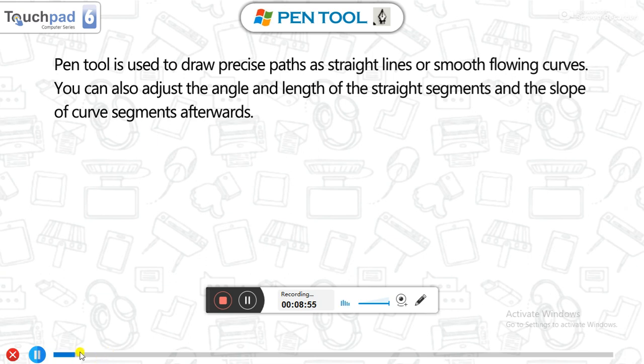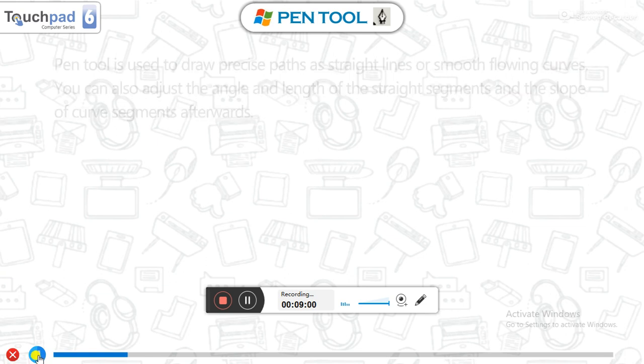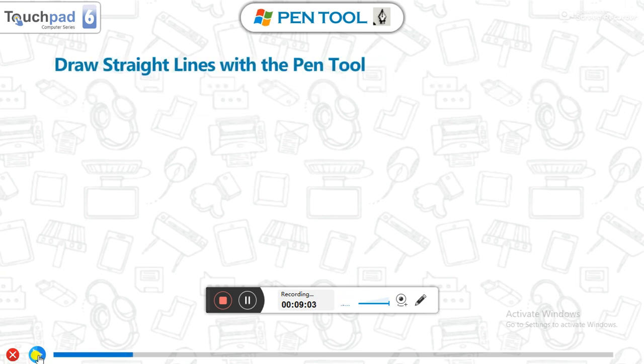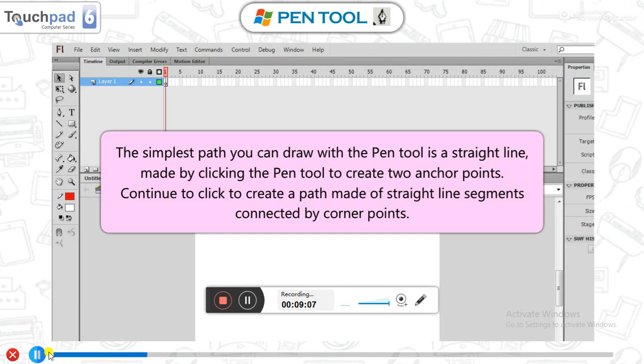To apply a curve, it is very simple. First of all, you have to draw a straight line with the pen tool. A simple step to draw a straight line: first, select the pen tool. Look here, this is your pen tool. Select your pen tool and click at the start position.